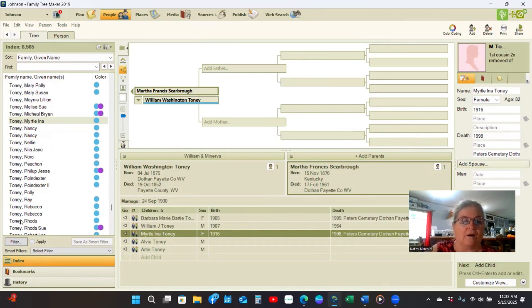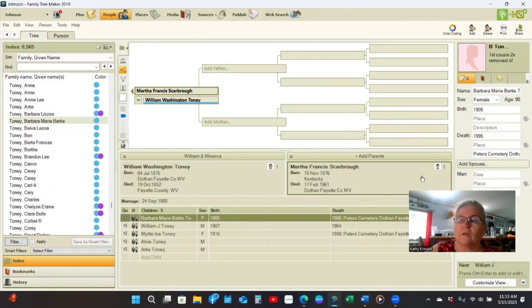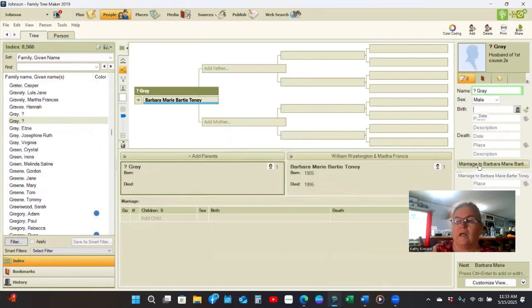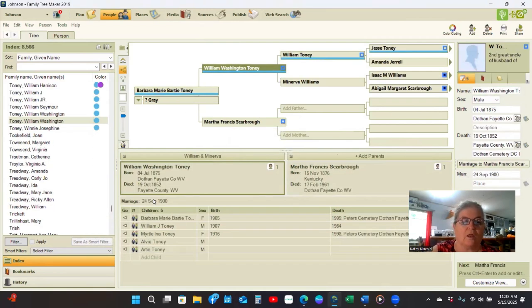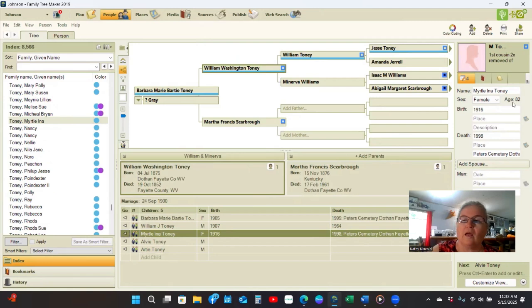Okay, now Barbara had a spouse with the last name of Gray. We're just going to put a question mark Gray, because that was her name on her cemetery. And Myrtle had two husbands actually.